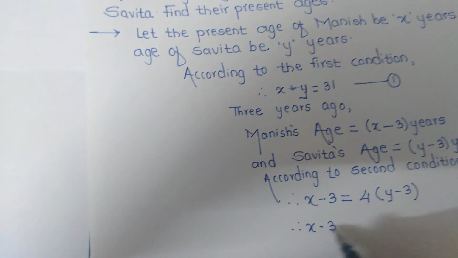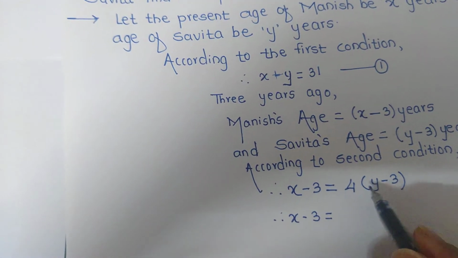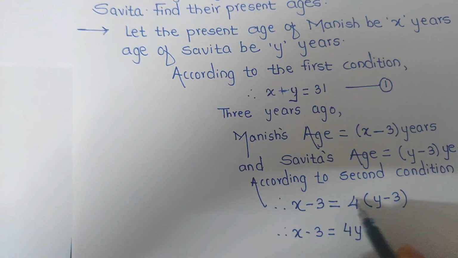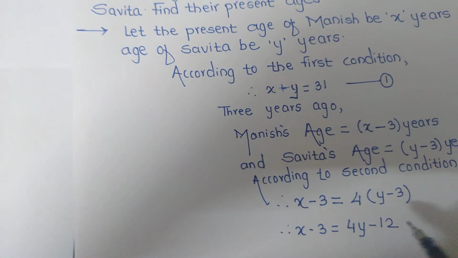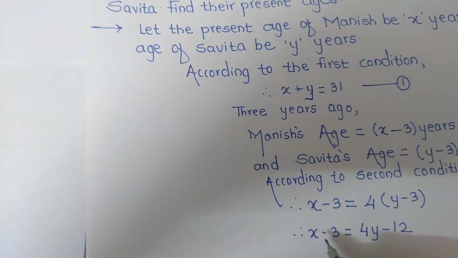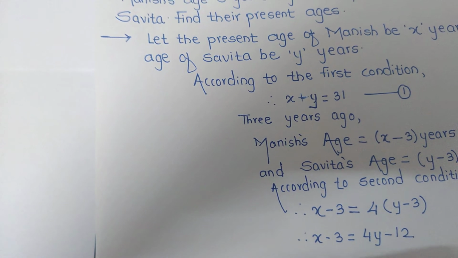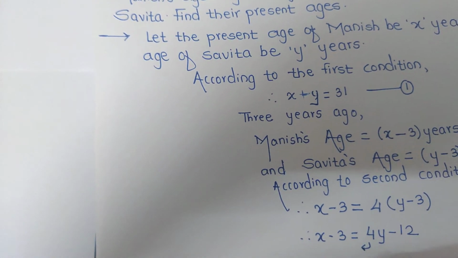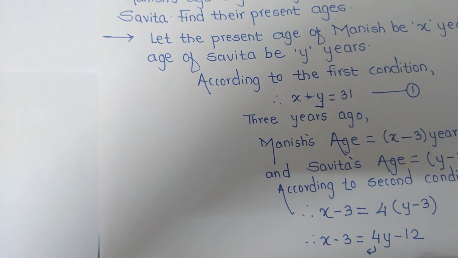Therefore x minus 3 is equal to 4, which will be multiplied with each term in the bracket. 4 into y is 4y. 4 into 3 is 12. Let us take variables x and y on one side and constant terms on the other side. So x will remain here. 4y will be transferred to the other side of equal to. It will become minus 4y.